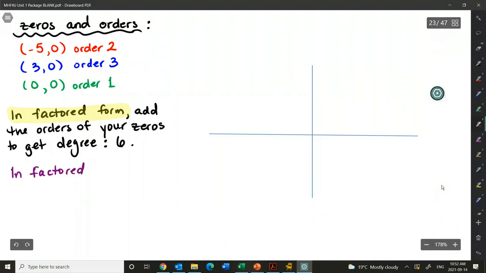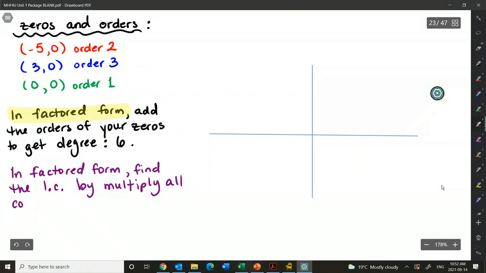In factored form, find the leading coefficient by multiplying all coefficients on the x's and applying their exponent.